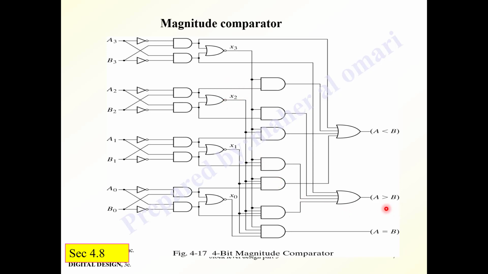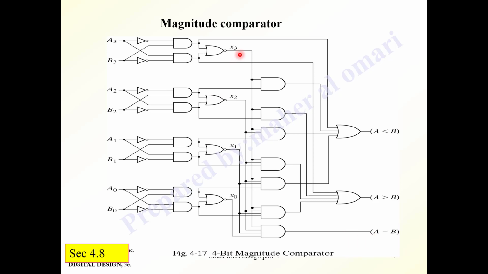Now what we found so far is this part here, A greater than B. We use the same technique to find out the circuit for A less than B, and we do the same thing to find out the circuit for A equals to B. Now notice, A equals to B means A0 is equal to B0, and A1 is equal to B1, and A2 is equal to B2, and A3 is equal to B3.